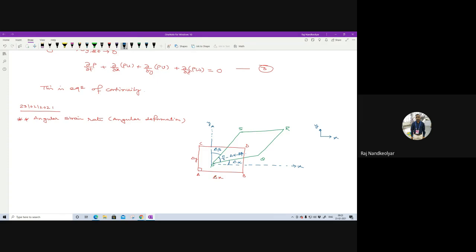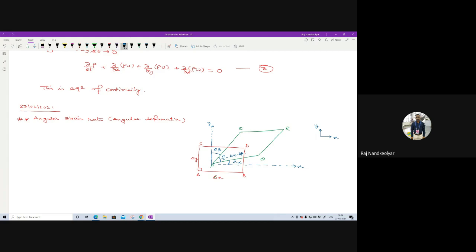We are interested in this because we defined the angular deformation rate by the angle between line elements which were perpendicular to each other at the previous time.